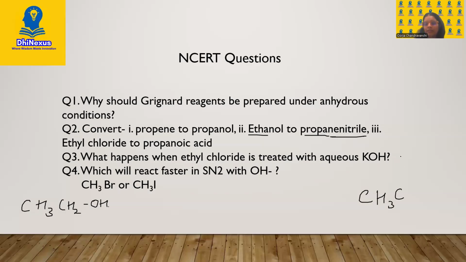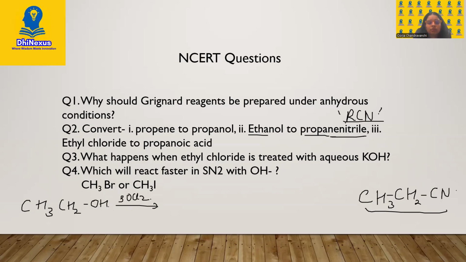So propane nitrile, if you remember, alkyl nitrile is RCN. This is something we discussed in the nucleophilic substitution reaction video. If you've not watched it, I suggest that you watch it. Otherwise, this may not make a lot of sense. So this is the propane nitrile. What do I react ethanol with? First, I will convert it to alkyl halide.